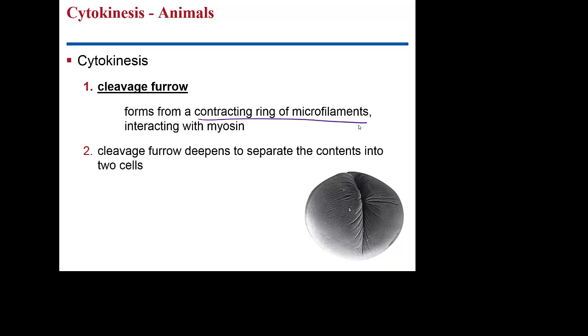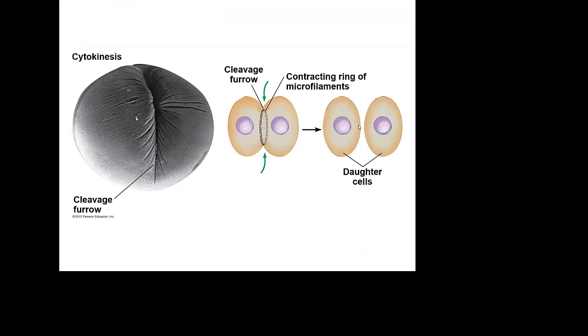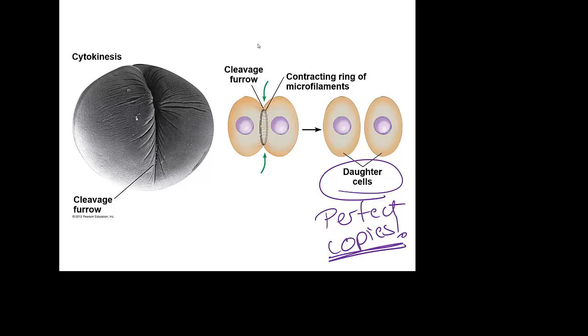There's a contracting ring of microfilaments that are going to pinch together and actually pinch the plasma membrane together so that the cell will then become two separate cells in the end. And the whole idea is to build these two daughter cells, right, with two nuclei, and these are perfect copies because we did mitosis. So that produces perfect copies of our cells.